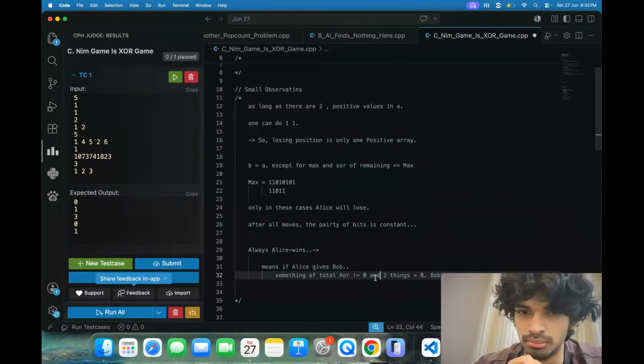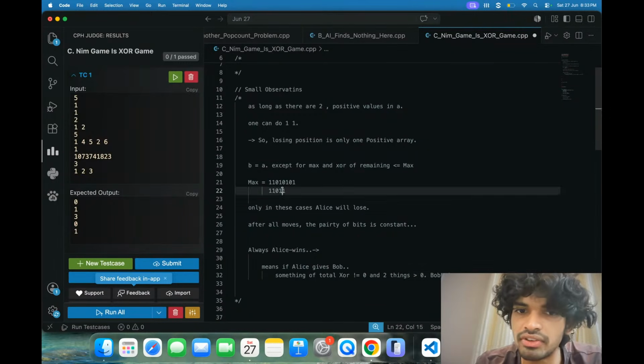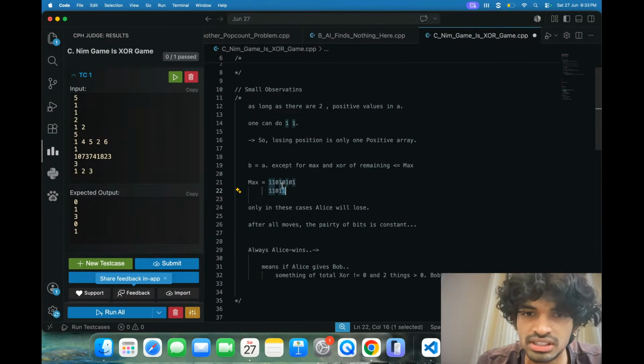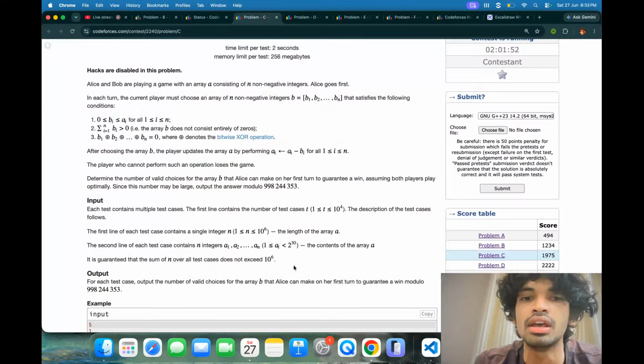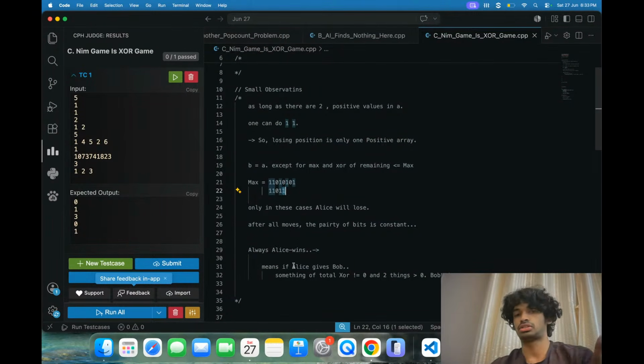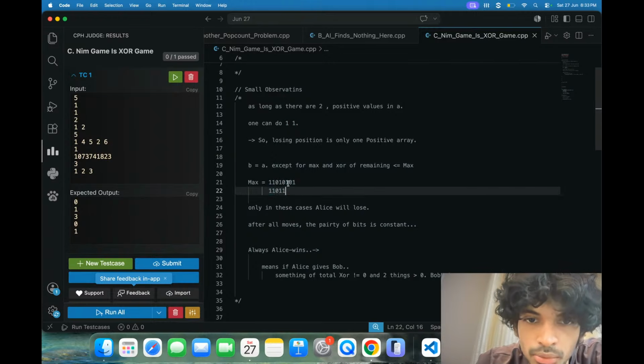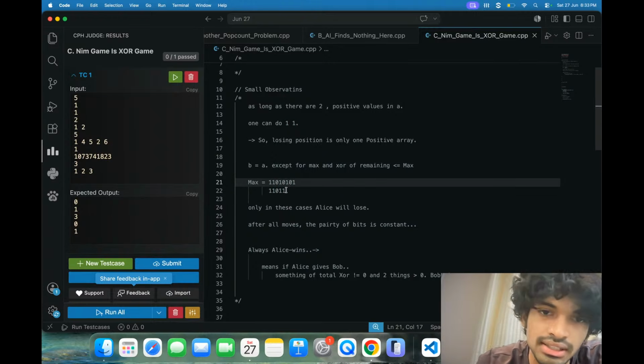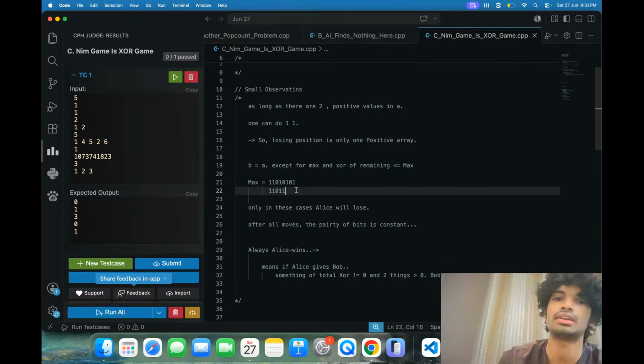Now what are the moves? Like if the XOR is 0, I have seen that whenever XOR not equals to 0, someone can go to that first bit and remove everything else, and that's definitely a winning position for them. Because they can just remove everything, and then they can just remove XOR of all of these things, and then all of that from here, and then it just works out.